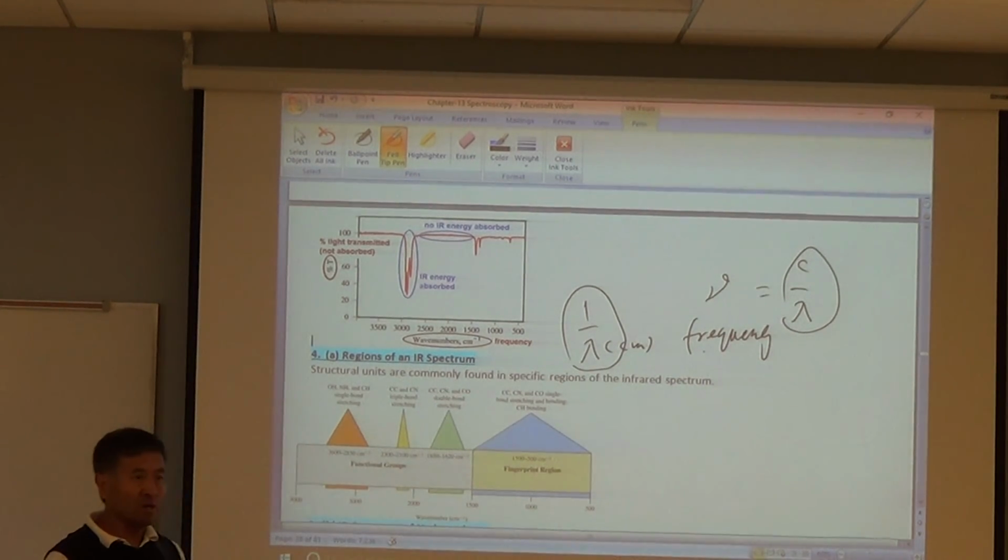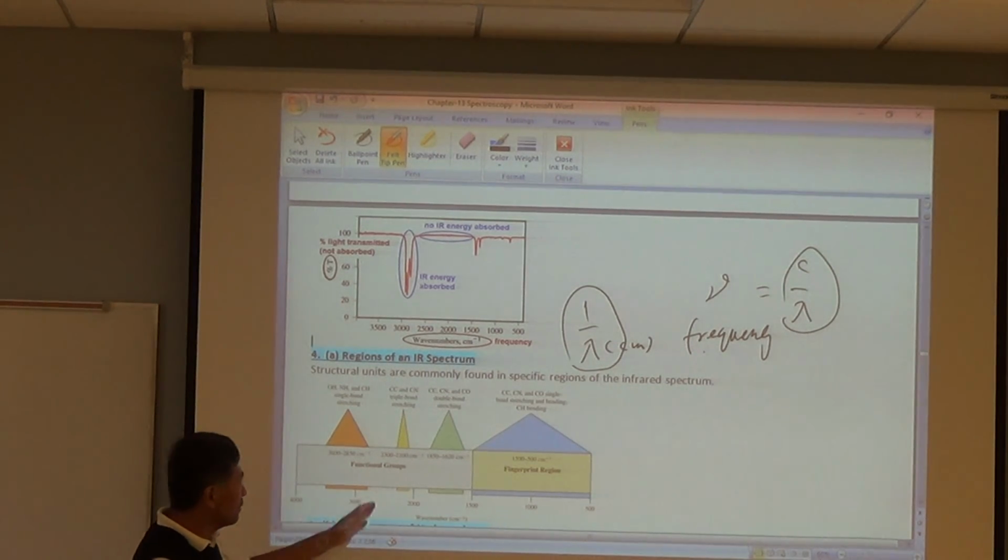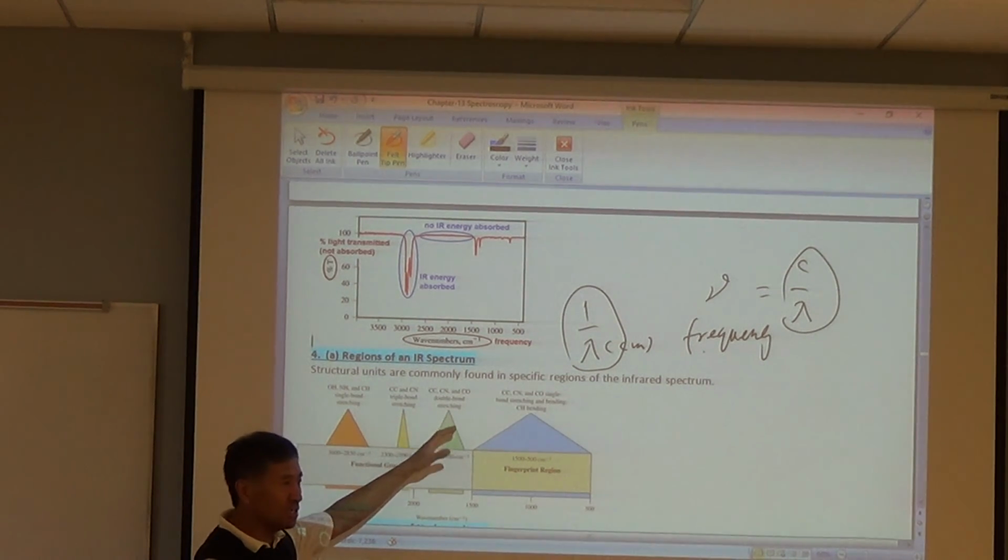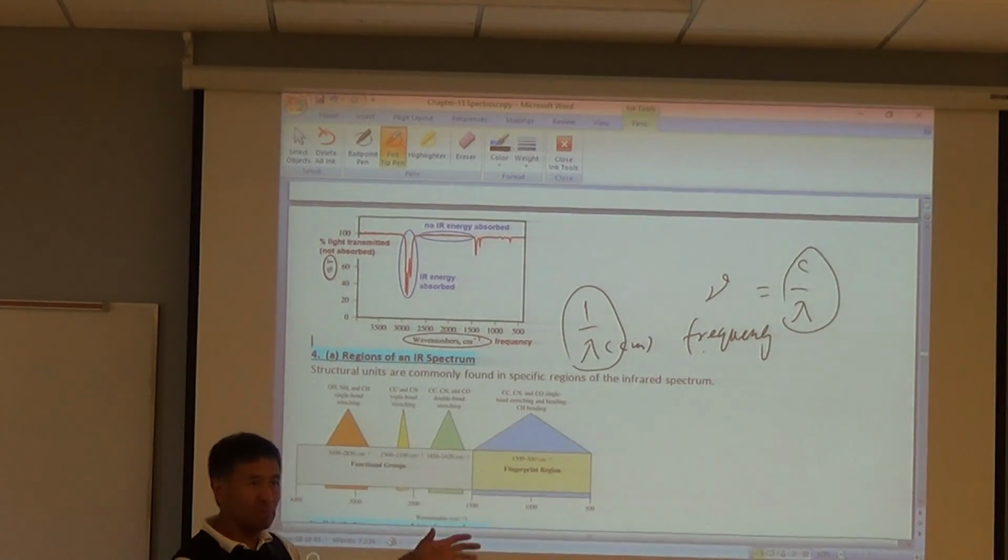Even though they are single bonds, because H is a small atom with small mass, the vibration frequency is higher. If you don't have H but some other atom, carbon or oxygen, their mass is larger, so you can just use their bond strength.